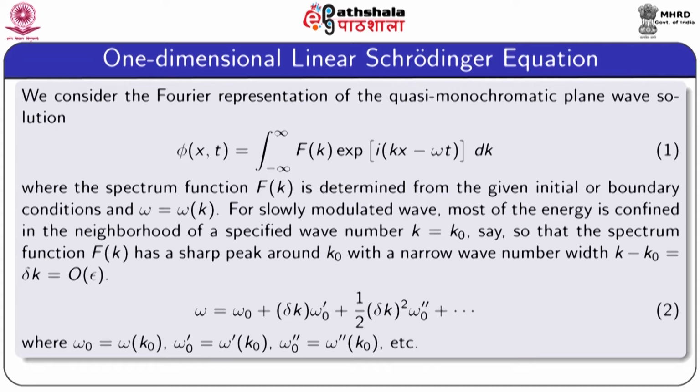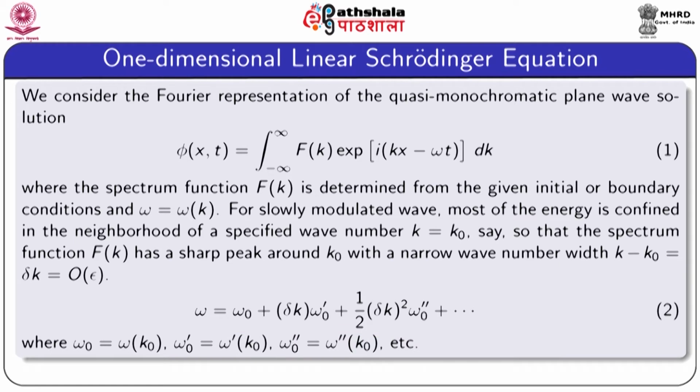Now, the dispersion relation omega about k equals k0 can be written using Taylor series expansion as omega at k equals omega at k0 plus delta k into d omega dk at k equals k0 plus delta k square by 2 d2 omega dk square at k equals k0 plus dot dot.